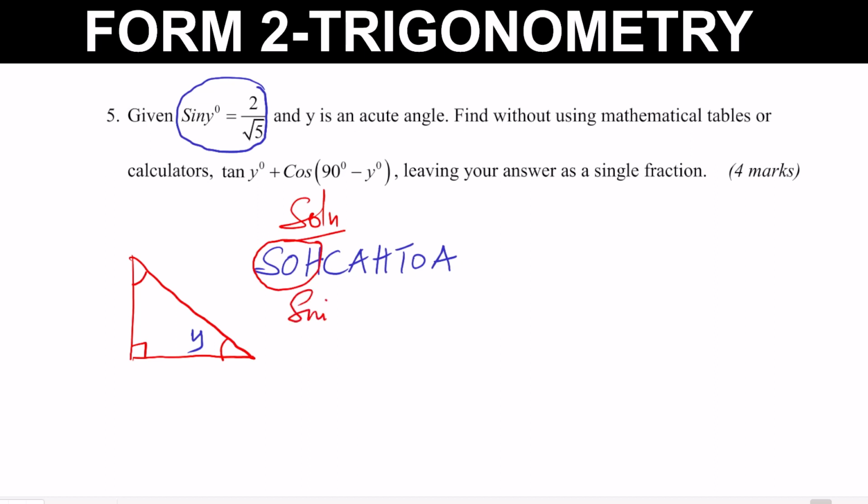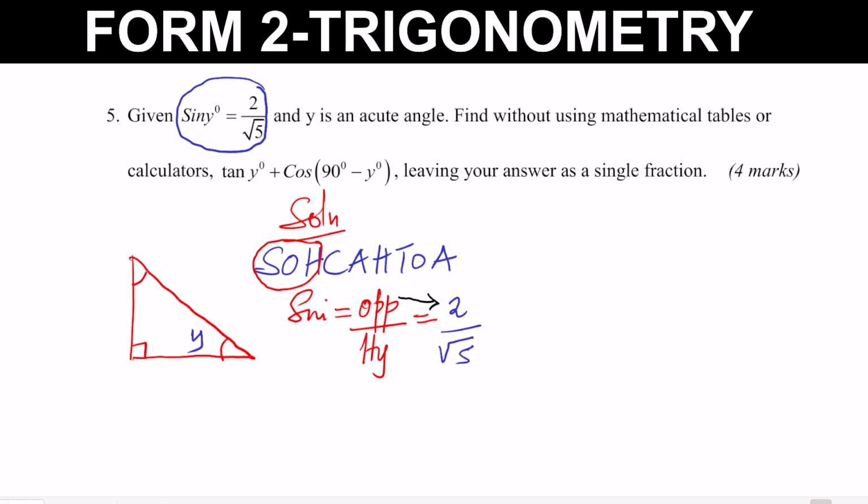Sine is given by the opposite side divided by the hypotenuse. So in this fraction, 2 divided by root of 5, 2 represents the opposite side, then root of 5 represents the hypotenuse. That is the first thing you're supposed to know. So the opposite side is 2.